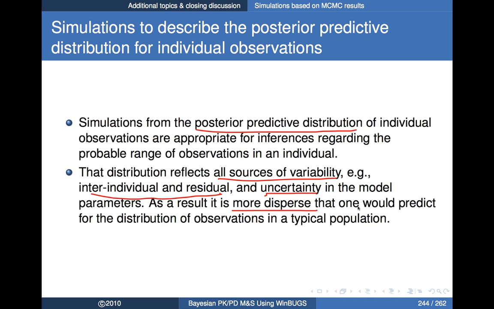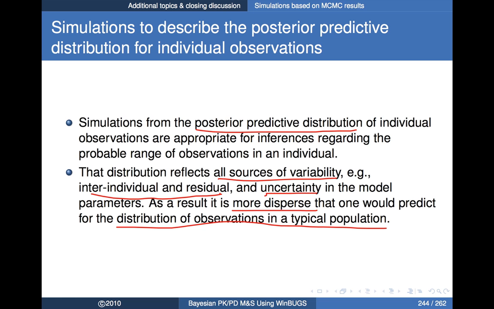In other words, it has more variability than you would predict for the distribution of observations in a typical population. Another way of putting it is that the variability associated with this distribution overall is greater than you would anticipate for the inter-individual variation in any typical population.